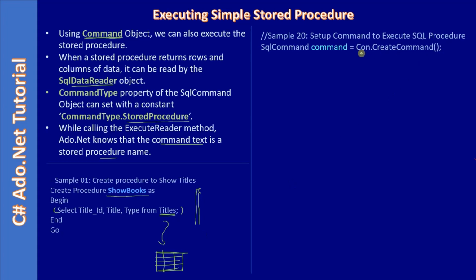So here we will have the connection. From the connection, we make a call to CreateCommand, and that will give us the SqlCommand. So all we need is a SqlCommand object. Once we have it, we can set the CommandType property as CommandType.StoredProcedure. That's the constant we are setting for this command type.